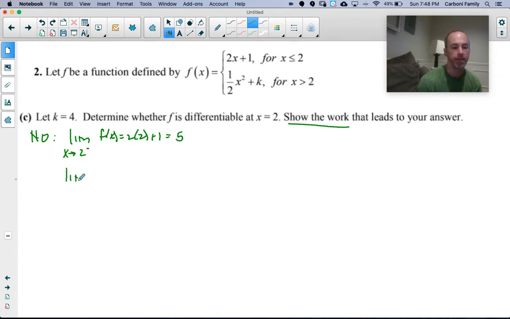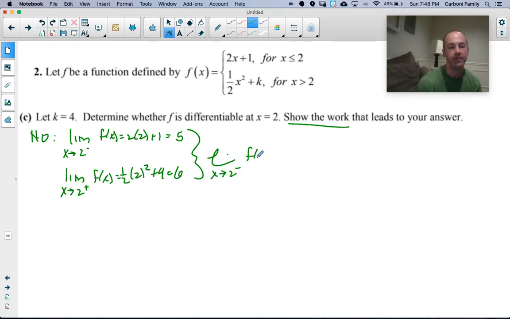The limit as x approaches 2 from the right of f of x, when k is equal to 4, is going to be half of 2 squared plus 4, which is 6. And if the limit as x approaches 2 from the left is not equal to the limit as x approaches 2 from the right, then the limit will not exist and f is not continuous.